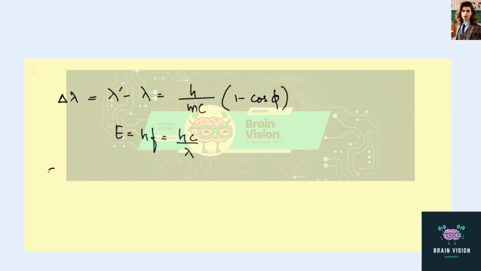And for part A, we need to find delta lambda, so we can directly use this equation, and we already know h over mc. So h over mc is actually Compton wavelength. So we can substitute that value along with phi, and phi is given to be 35 degree.